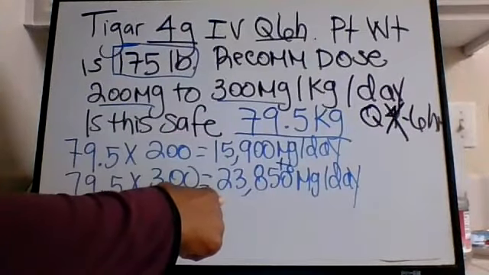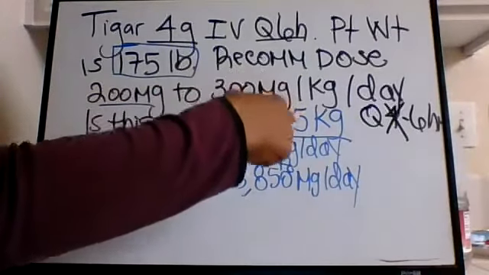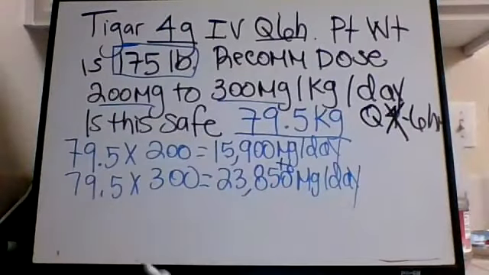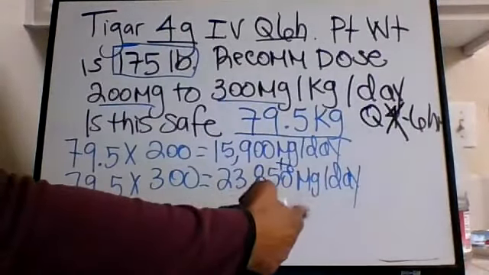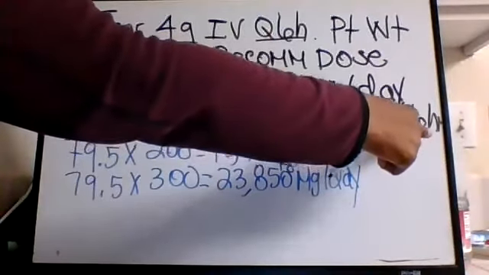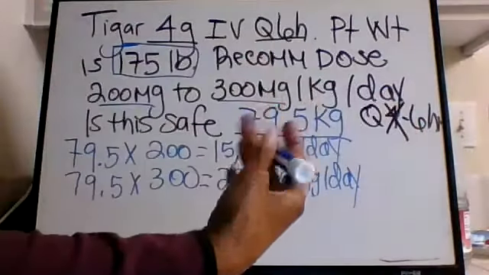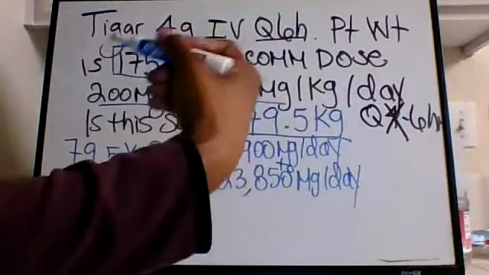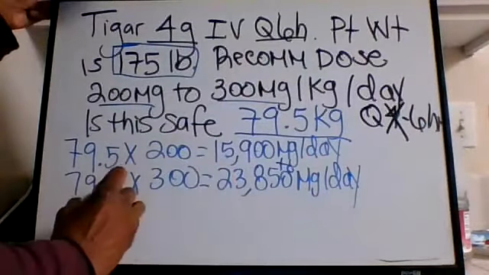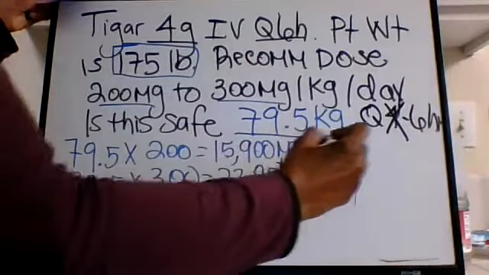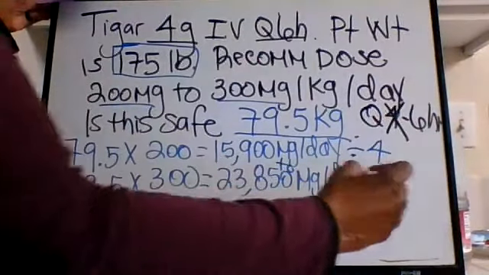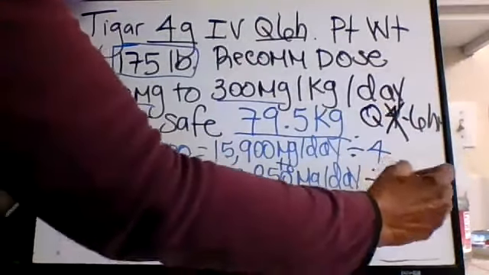Okay, so this medicine, the range is recommended every 6 hours. So what do we have to do? Now we have to further divide this down to a dose, 1 dose, right? So now it has to be given every 6 hours in a 24-hour period. So we know that's 4 times. 6 times 4 is 24, or we do 24 divided by 6 is 4 doses, okay? So now we take the 15,900, we divide it by 4. We take the 23,850 and we divide that by 4.